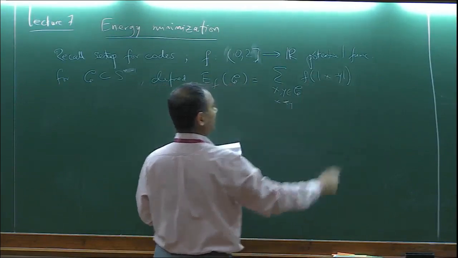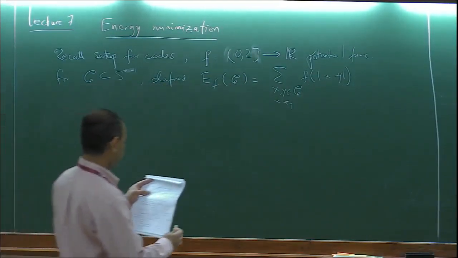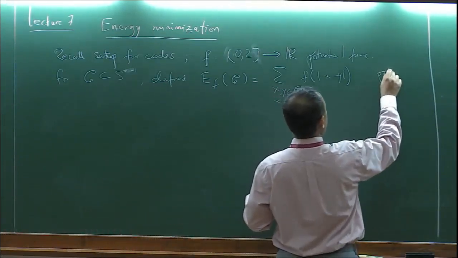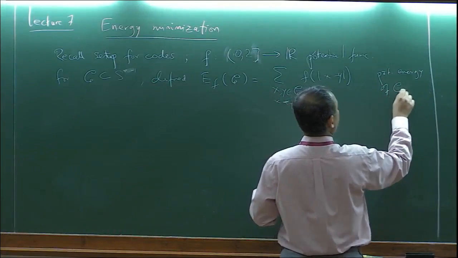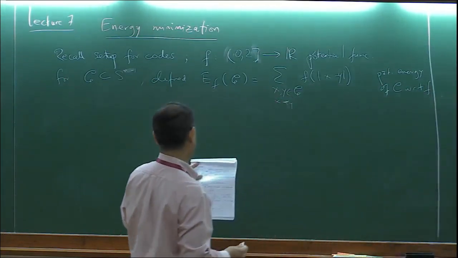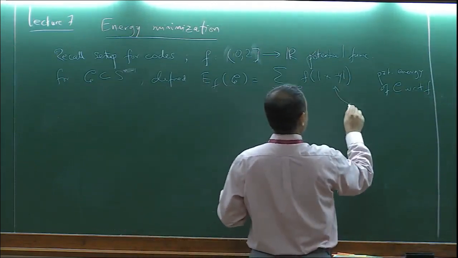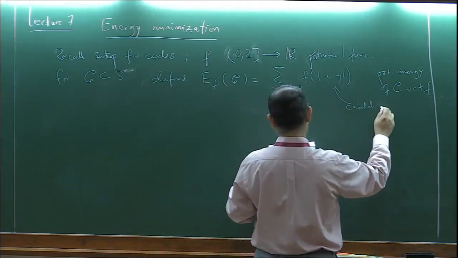Just the chordal distance between 2 points on the sphere. So this is called the potential energy of C with respect to the potential function f. This is just the Euclidean distance embedded inside R^n.